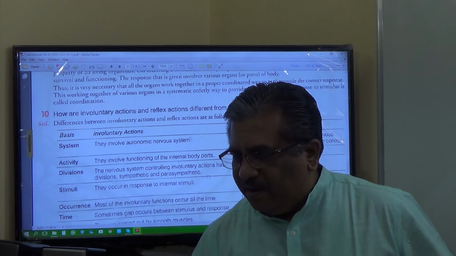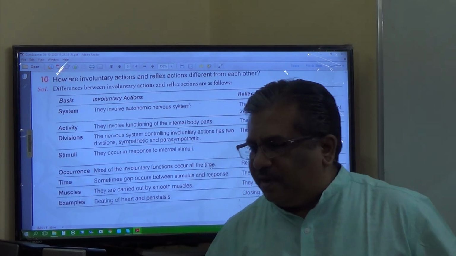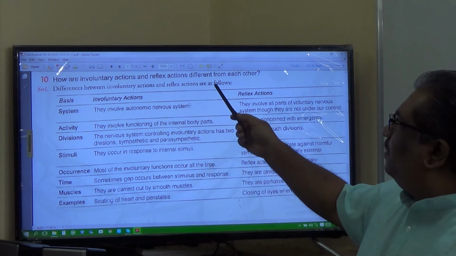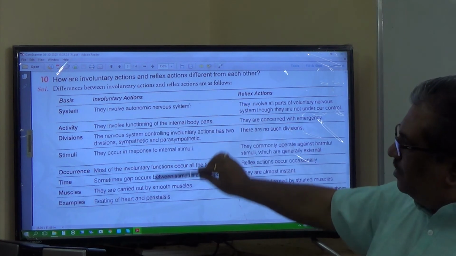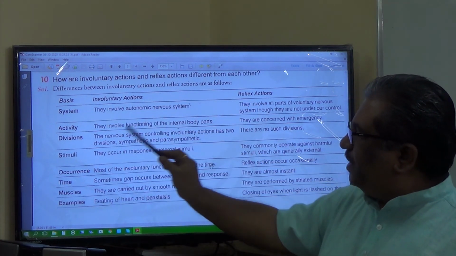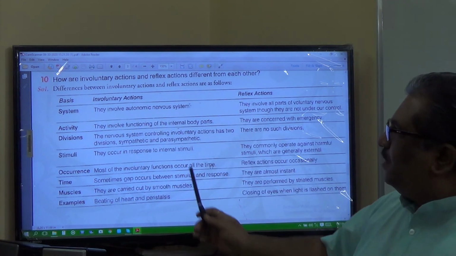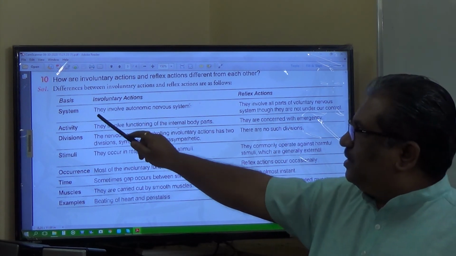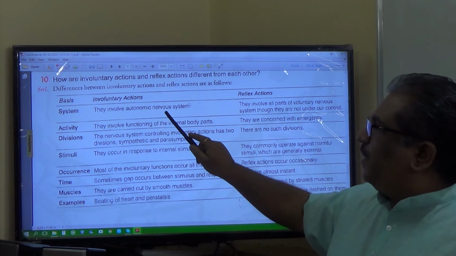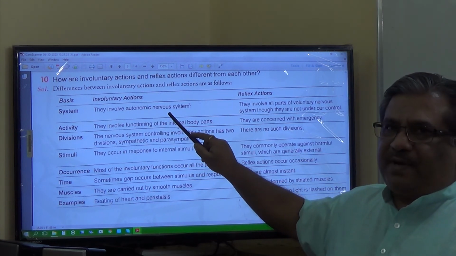Okay. How are voluntary actions, involuntary actions and reflex actions different from each other? Involuntary actions and reflex actions have been listed with respect to these bases, and let us study that. Very important. Involuntary actions involve the autonomic nervous system, correct?